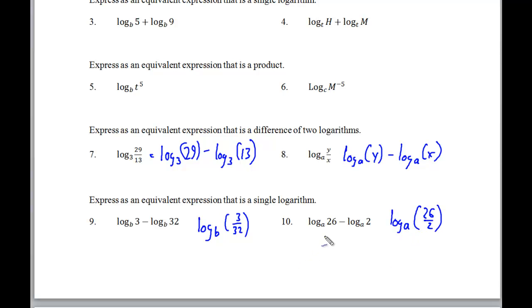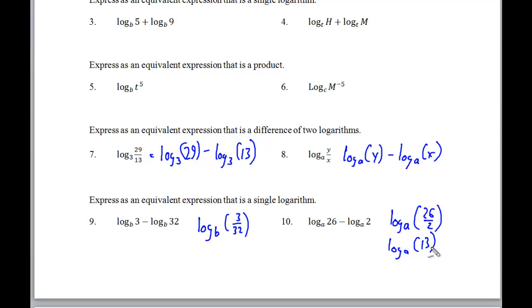Now it is good to note that you may want to check to see if you can simplify any of these. 29 cannot be factored into some base of 3, so it cannot be factored into 27 nor 9, and this can't be factored into anything with 9. Since these are all letters, there's nothing to simplify there, and 32 and 3 are not divisible by 3. 32 is not divisible by 3, so you cannot simplify this. But we can simplify number 10, log base a of 13.